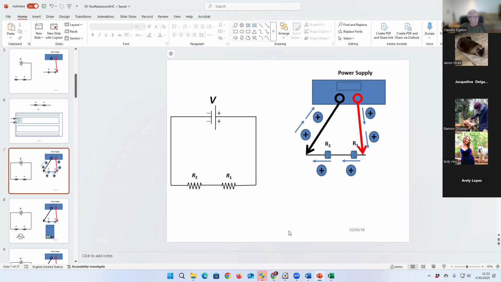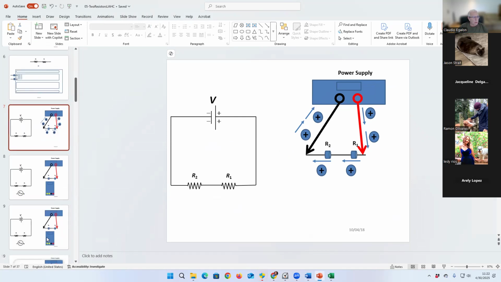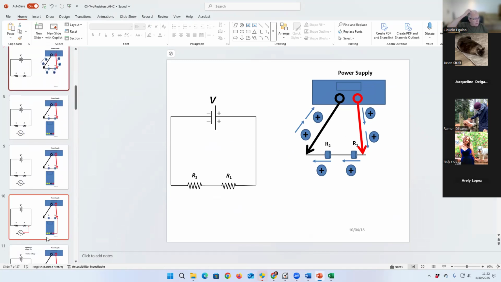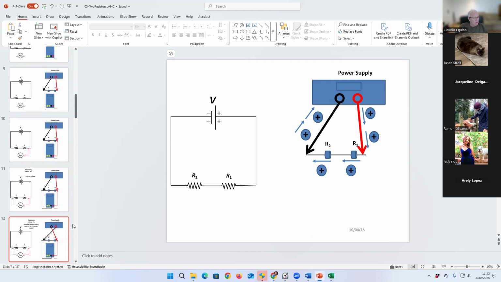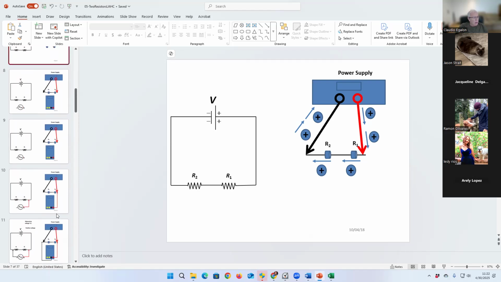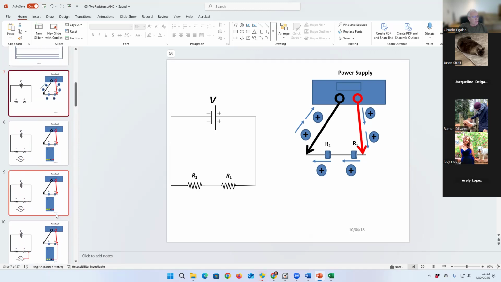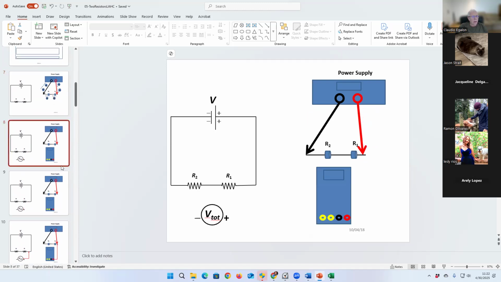The next thing you're going to do, you're going to measure the voltage across the circuit. You start with the total voltage. Okay, here you go, multimeter.